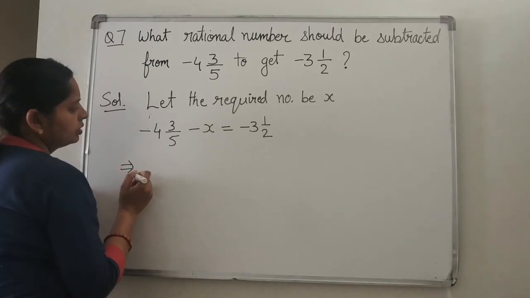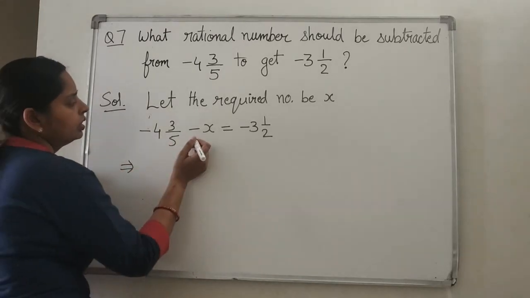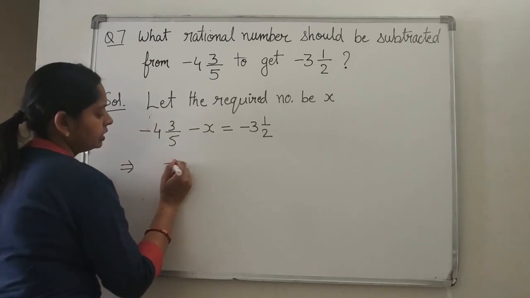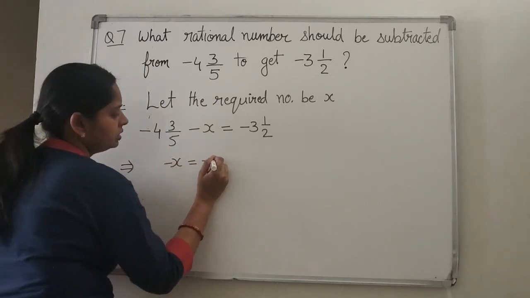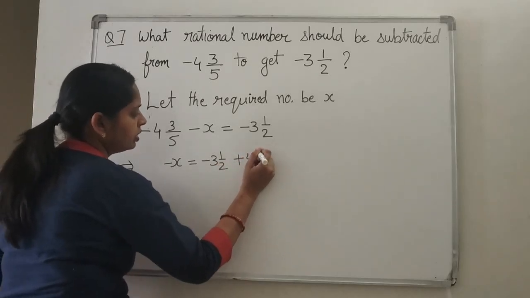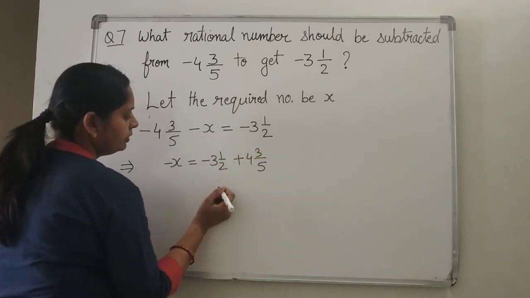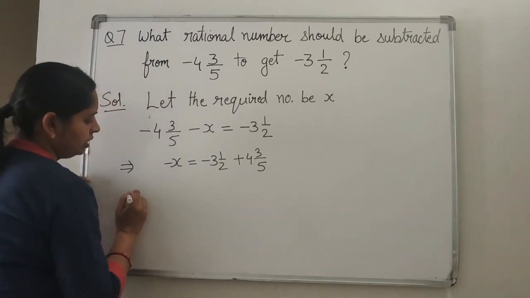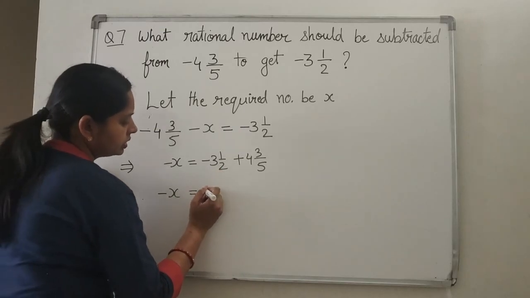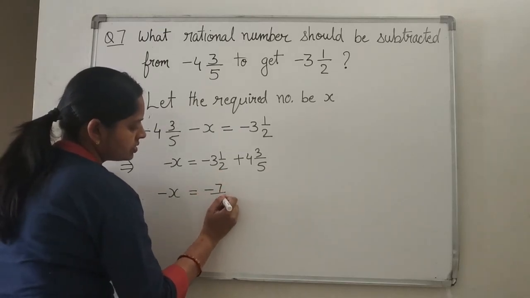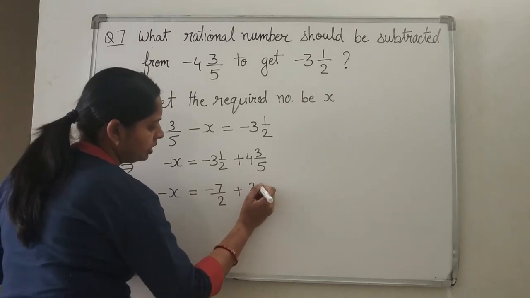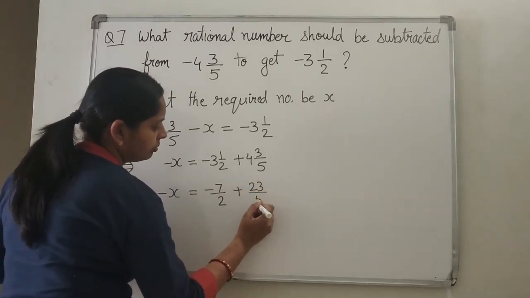This number will move to that side with the positive sign. So minus x is equal to minus 3 1 upon 2 plus 4 3 by 5. So again solve it. Minus x is equal to minus 7 upon 2 plus 23 by 5.